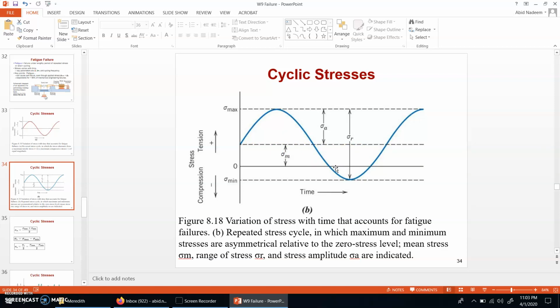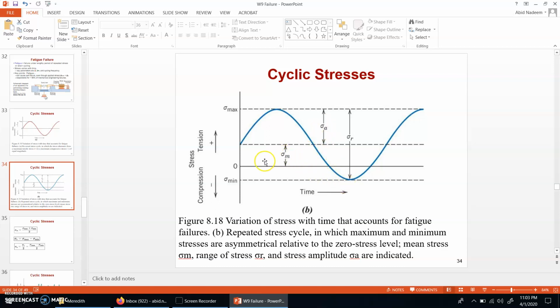But in those situations, the maximum tensile and maximum compressive stresses will not be equal to each other. That means the mean value of the tensile and compressive stresses will not be 0.